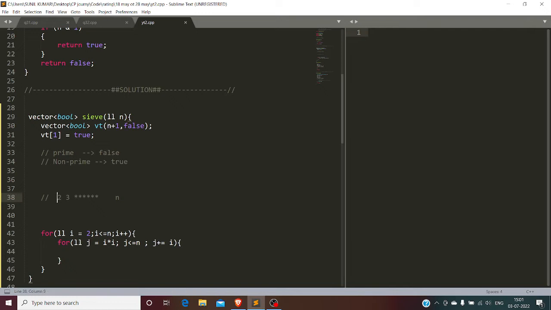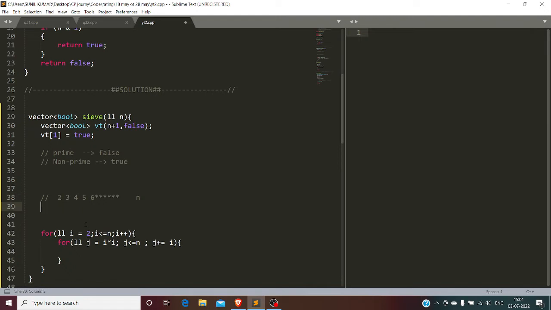Then I came onto 2. So I'm going onto 2's multiples, that here we have 2's multiple 4, then we have 2's multiple 6, and so on. So if some number is a multiple of some other number, then this number can't be prime anymore because it has a divisor like 2, right?